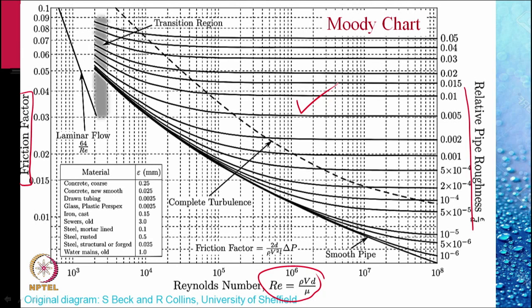It depends only on epsilon by D. We'll exploit this fact in solving the problems. To the left of this, the flow is not fully turbulent, and the friction factor depends both on Reynolds number and epsilon by D. This limiting line is for epsilon by D equal to 0, that is, for a smooth pipe.